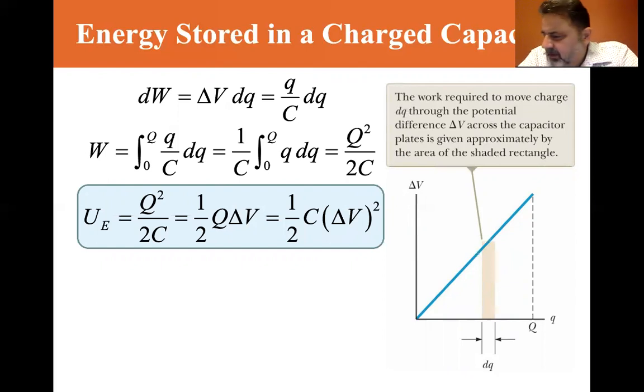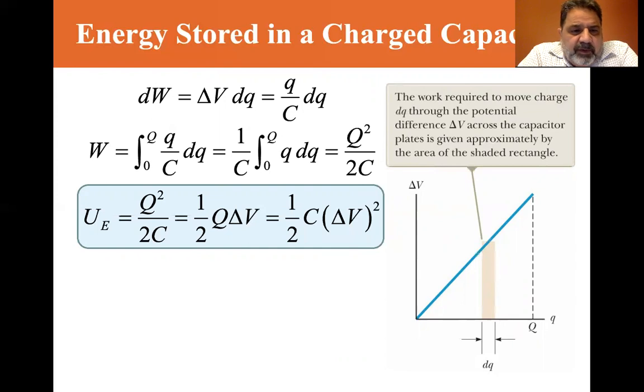And this blue rectangle here, I forget what the equation number is in the text, but it's an important equation for you to memorize, and it's a different way of calculating potential energies.